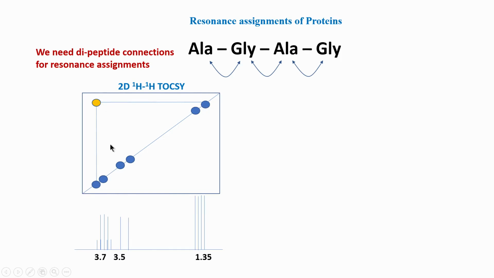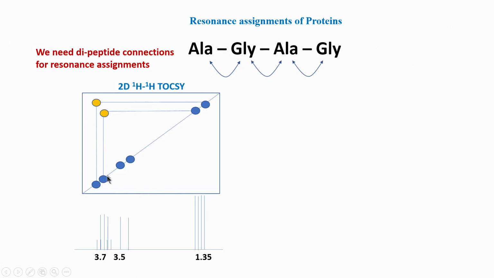This is something we have seen in the 2D part. Similarly, the other alanine also will connect within the alanine. So, this is an alanine with its own connection, and glycine, of course, there are 2 glycines, there is no connection because there are only single protons. So, you see this TOCSY is not helping me much, it is only giving me a connection within a given amino acid, which is fine.